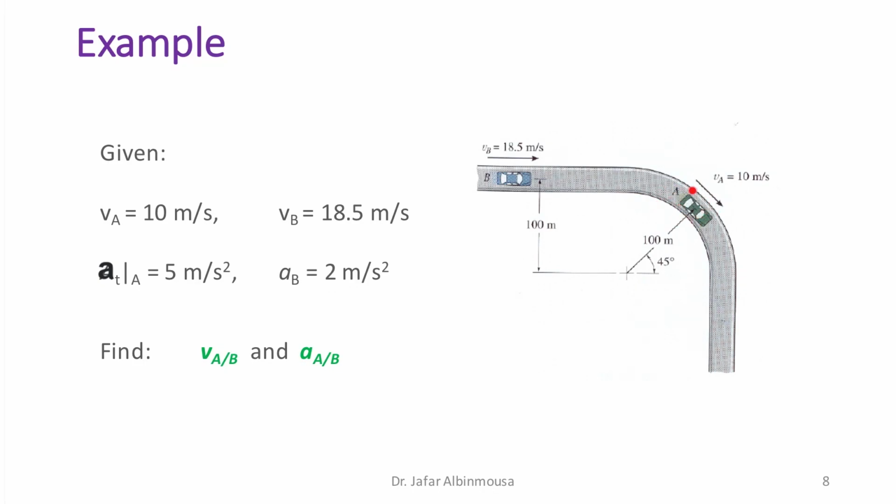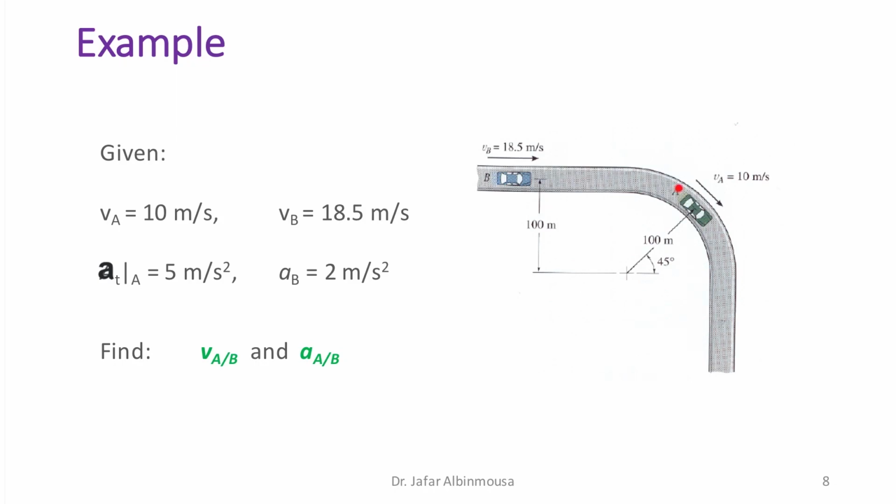But car A was speeding at point A with a velocity of 10 meters per second and a tangential acceleration component at this point of 5 meters per second squared.